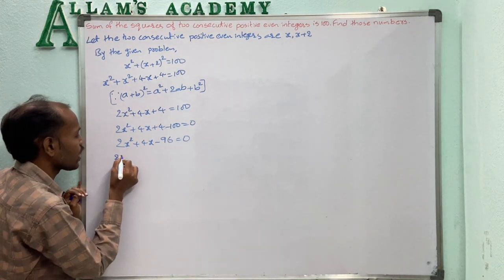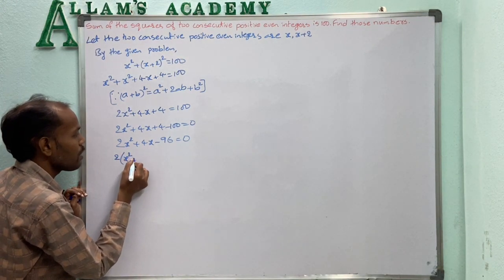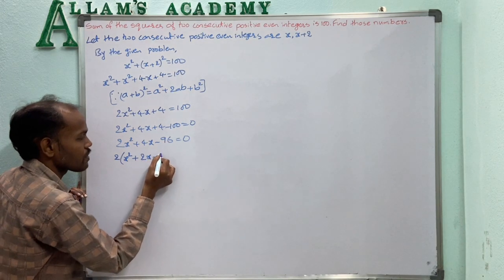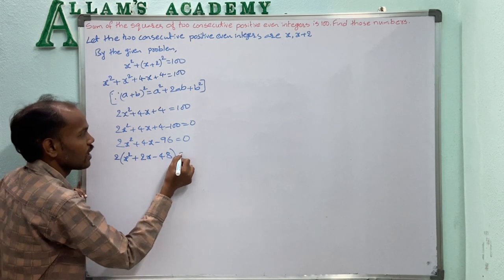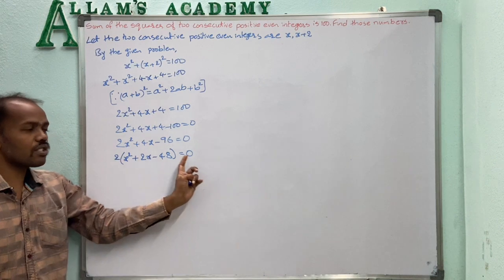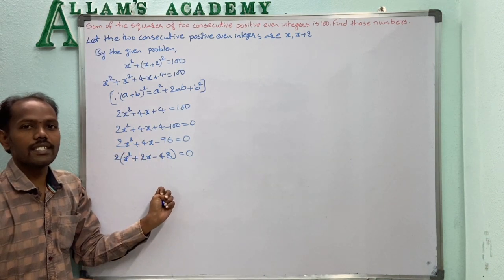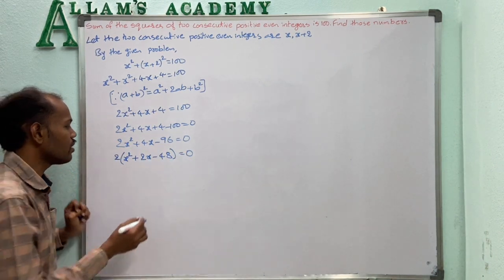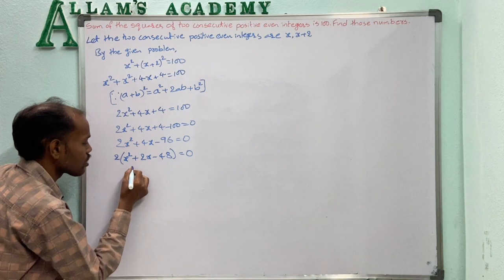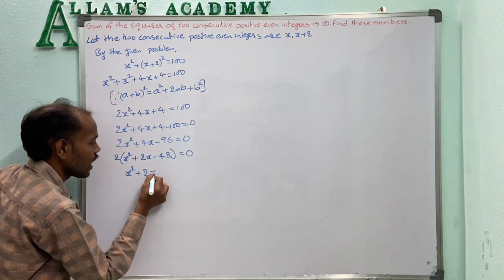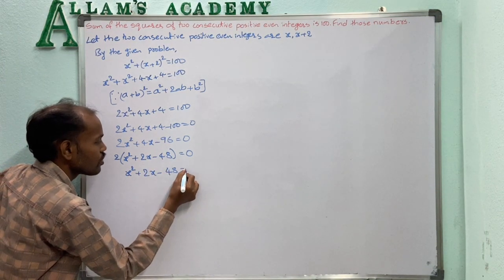Taking 2 common, 2 into (x square plus 2x minus 48) is equal to 0. Multiplication transferred to that side becomes division, 0 by 2 equal to 0. So x square plus 2x minus 48 is equal to 0.